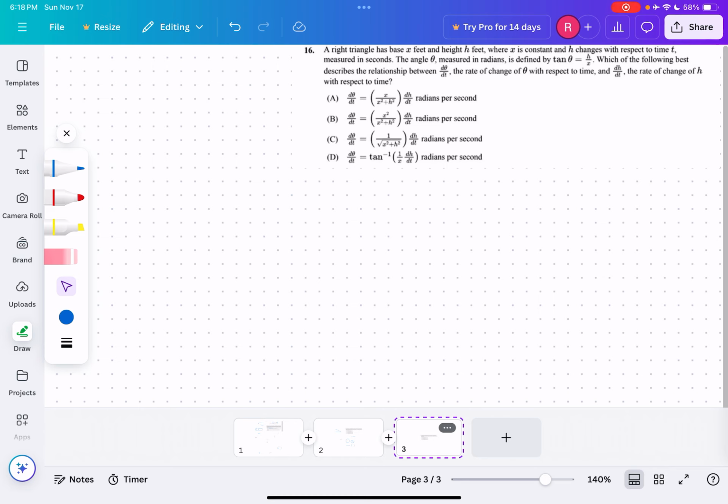Now, the final question over here is literally the same exact question, but this time it's a little bit easier. They're telling you that x is the constant over here and h is the one that is changing with time. So if we draw our random triangle over here, again, I would like you to imagine the scenario, because if x is constant and h is changing, that means that the triangle could look like this or like this, like it's going up or down, you know?